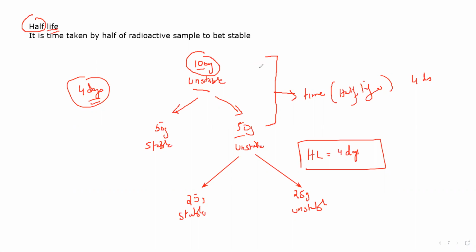Some elements have a longer half-life, for example about 4,800 years. That's a big time interval for the sample to decay. And some elements have a very short half-life, for example 8 minutes. Within 8 minutes, they decay into half of their original value.